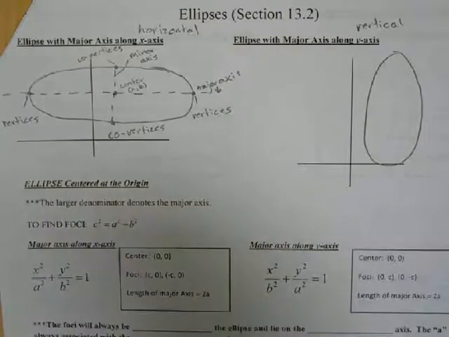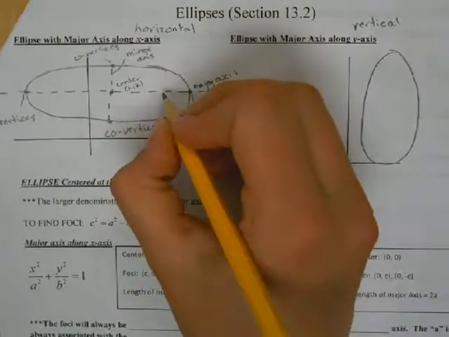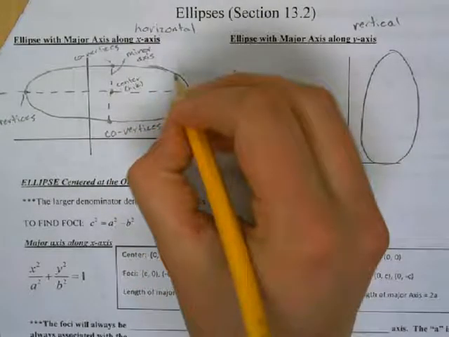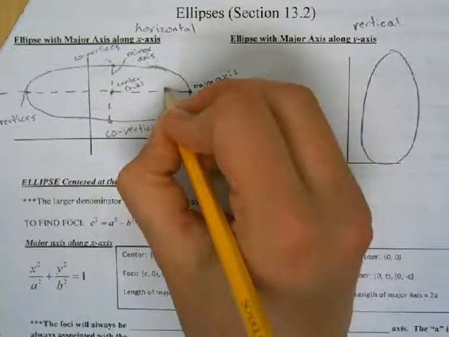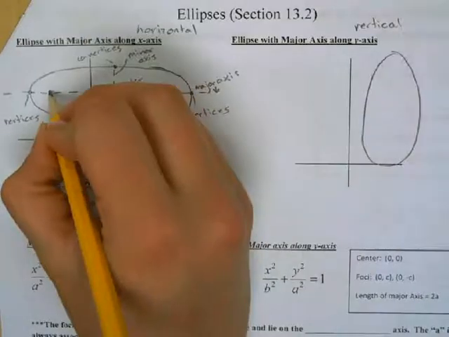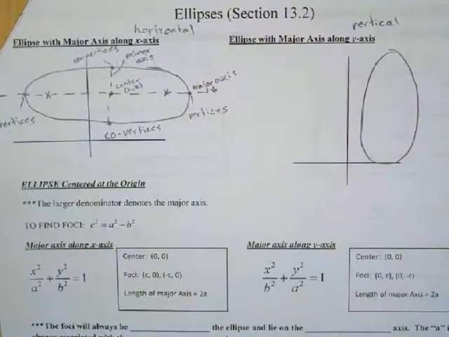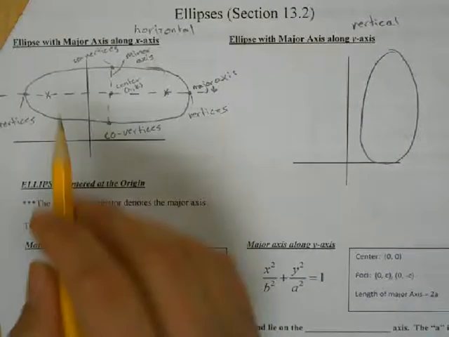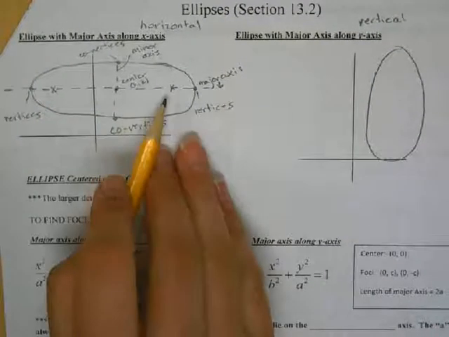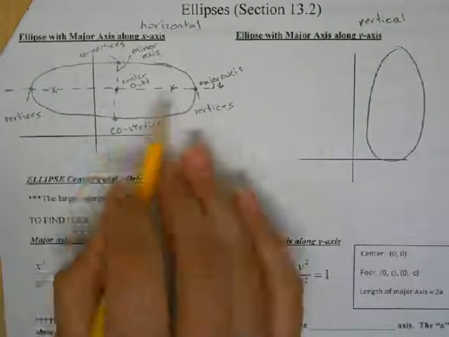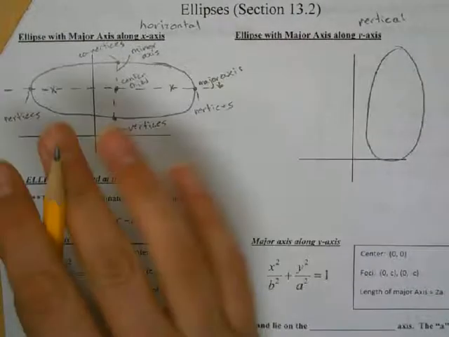We also have one more important point, which you call the focus. The focus is going to lie on the major axis inside of the ellipse. I mark mine with an X, but you don't have to. You can use a dot. It doesn't really matter. I just like to make mine a little bit different from my actual vertex, so I don't accidentally confuse them.